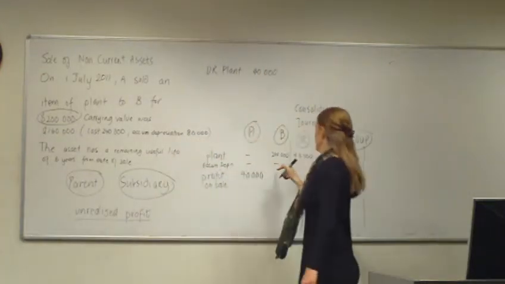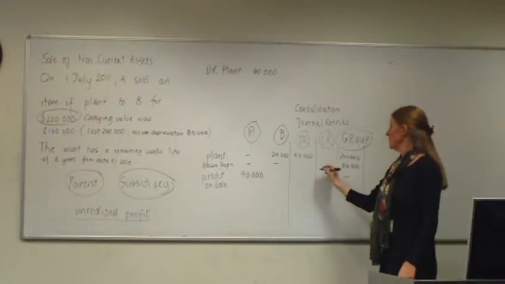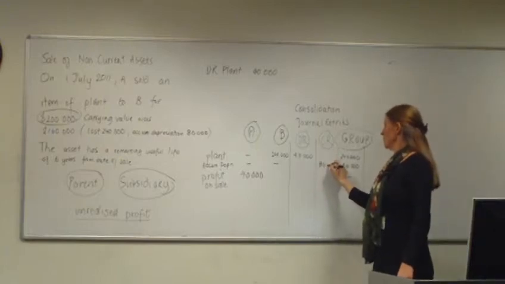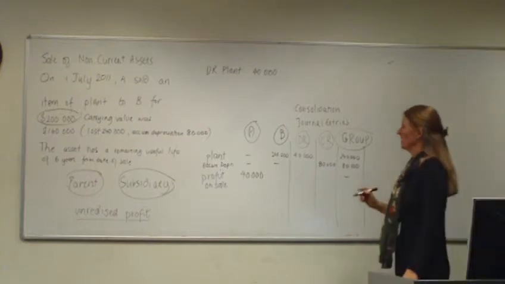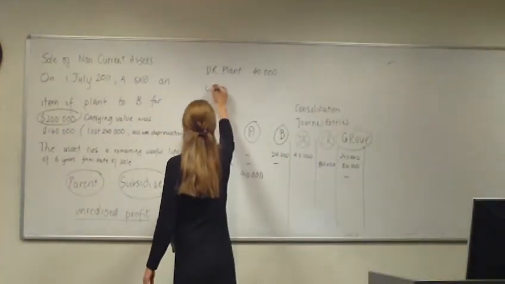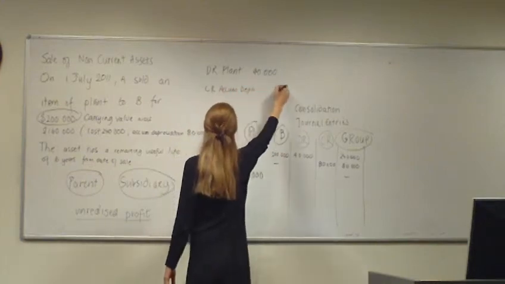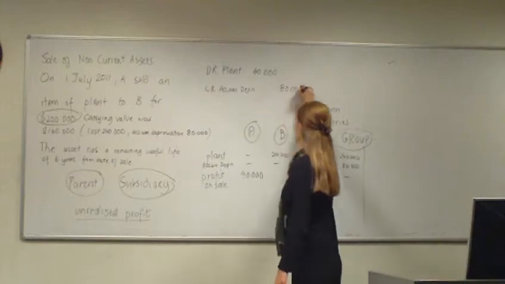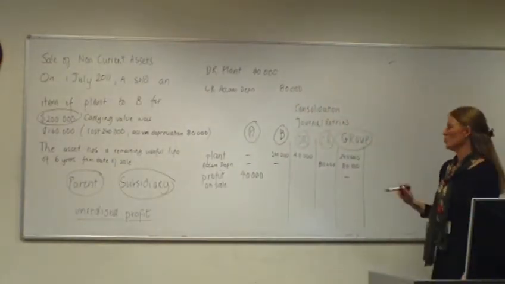Accumulated depreciation needs to be 80, so we're going to credit accumulated depreciation. And profit on sale needs to go in as well.